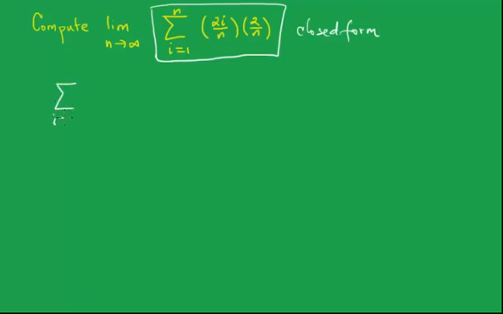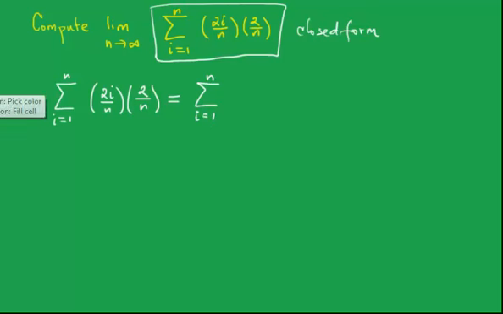i equals 1 to n, 2i over n times 2 over n. So this equals what? What I'm going to do is simplify the expression that's inside the sigma notation.